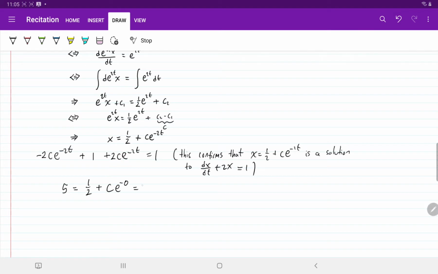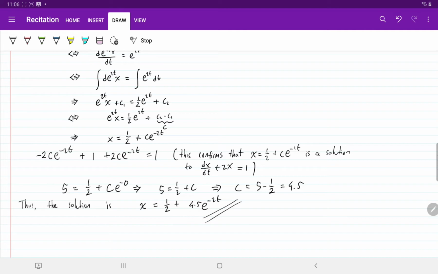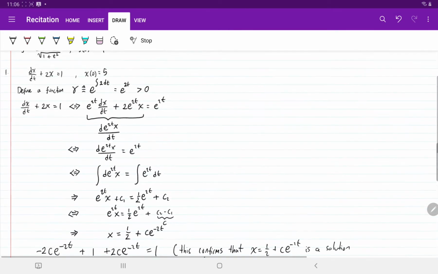So we have 5 = 1/2 + c, or c is 5 minus 1/2, which is 4.5. Thus the solution is x = 1/2 + 4.5 e^(-2t). Okay, so this is the solution for the first problem.